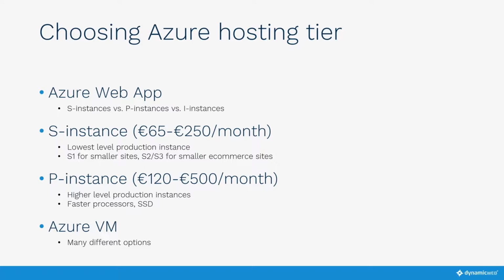And S means standard, which is the low level and the lowest starting point that you can get in the Azure hosting tiers to run a website in production mode. And P instances, they are a little bit bigger, and they basically have more computing power, faster processors, and mostly important, they have SSD disks, meaning that I/O on these instances is much higher than the ones that we have on the S instances. And we'll get back to that.